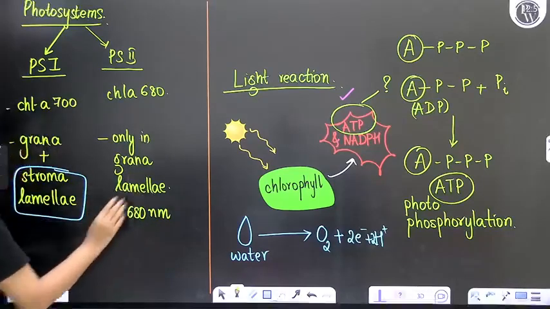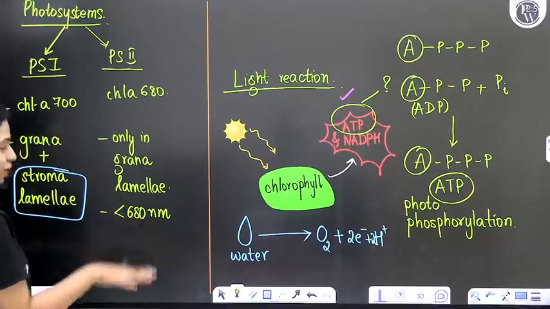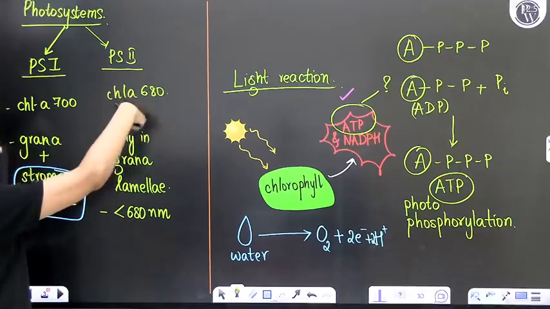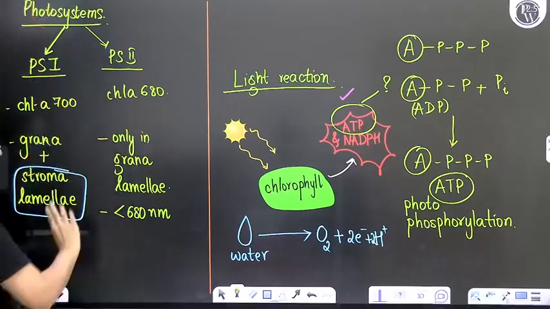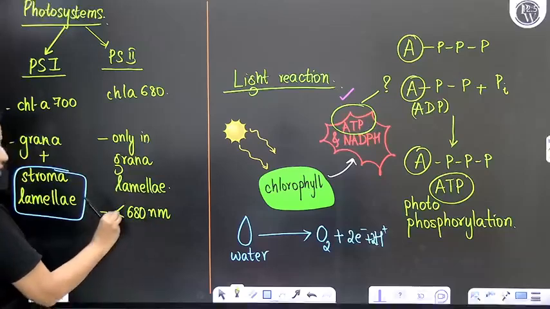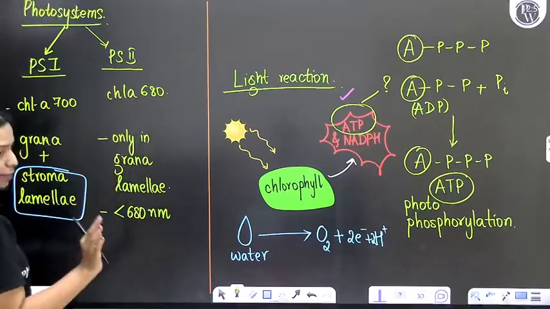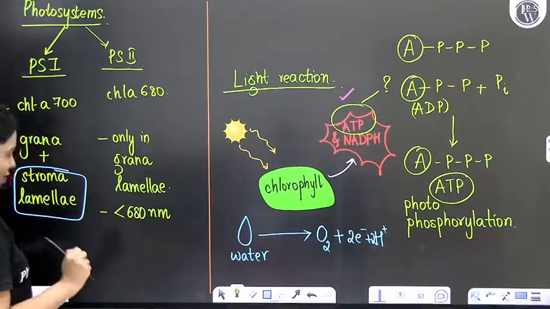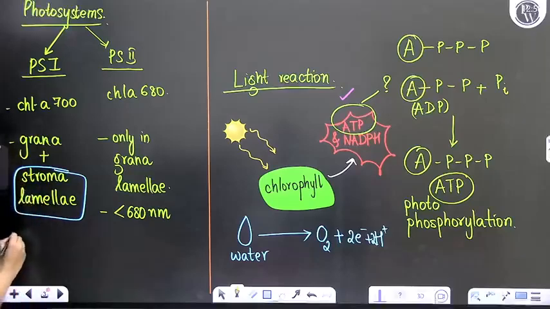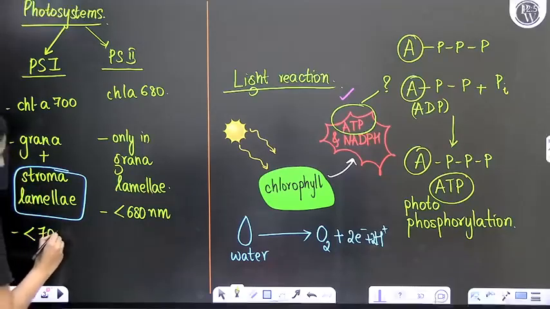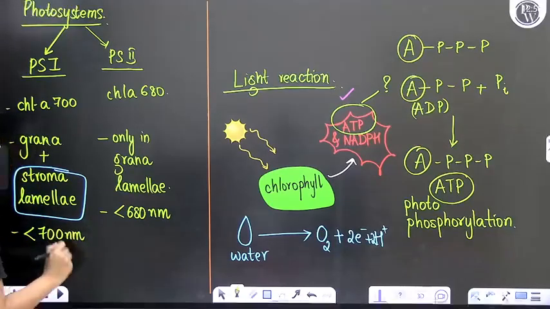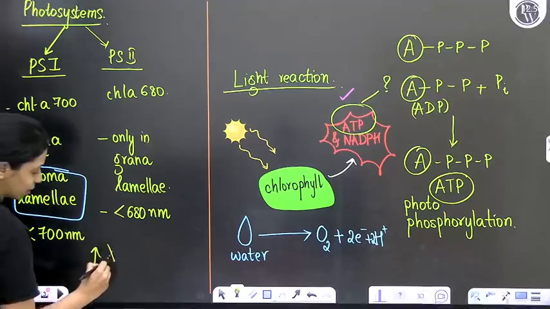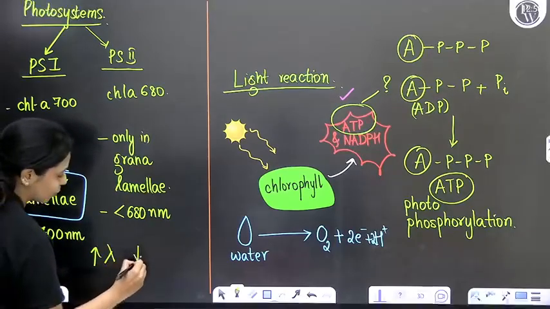If it's greater than 680 nanometer, energy will be less. This chlorophyll A680 cannot lose an electron at that energy. Anything 680 or less, it still has the ability to absorb that energy. Over here, it is 700 nanometer or less, not more than that, because the greater your wavelength, the lesser will be the energy.